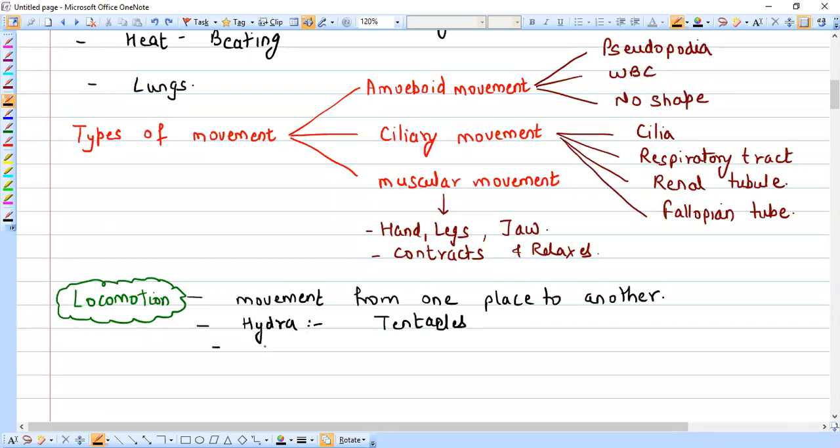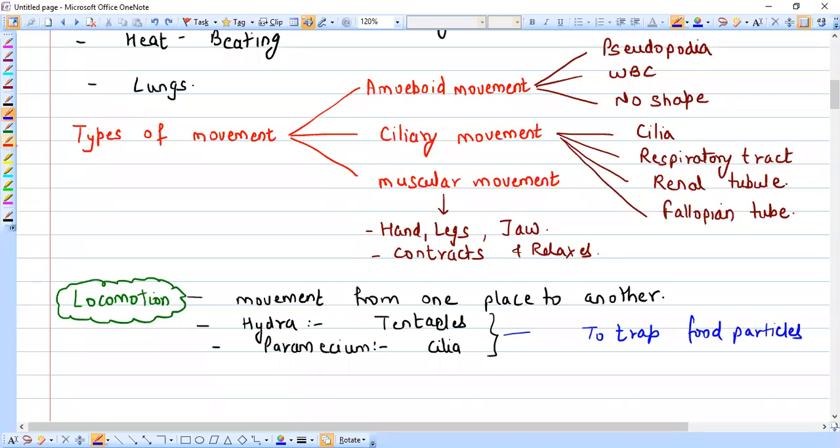Even the paramecium is able to move from one place to another, because the paramecium is basically surrounded by lots of cilia. Cilia help in the movement. Why do they have tentacles and cilia? The most important answer is to trap food particles. So in order to trap food particles, Hydra has tentacles and the paramecium has cilia.